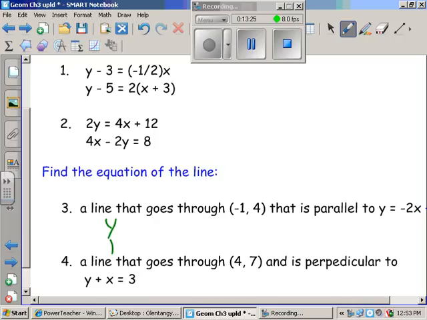So in my chart here, what are my x and y going to be? 4 and -1. My slope is going to be -2. Now I can plug it in and get my b, right? I just do 4 is equal to mx plus b. I subtract it and I get b equals 2. And then I get y is equal to -2x plus 2.